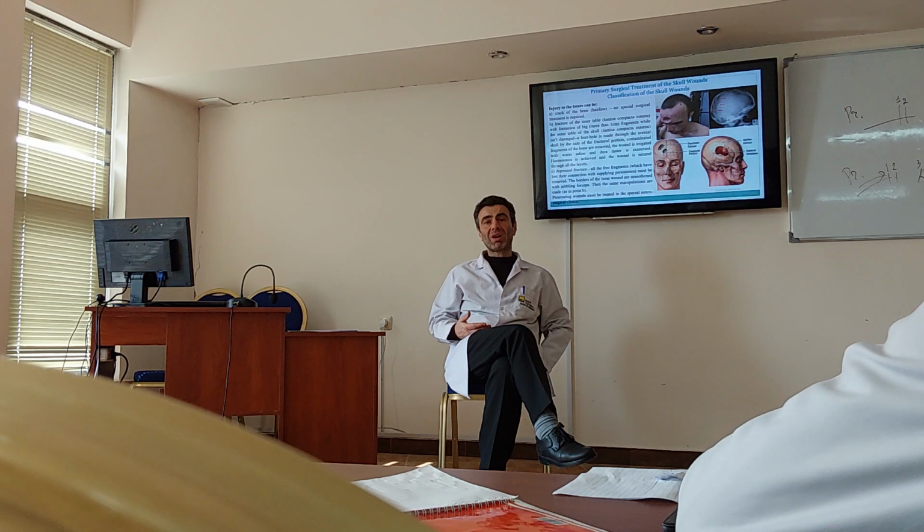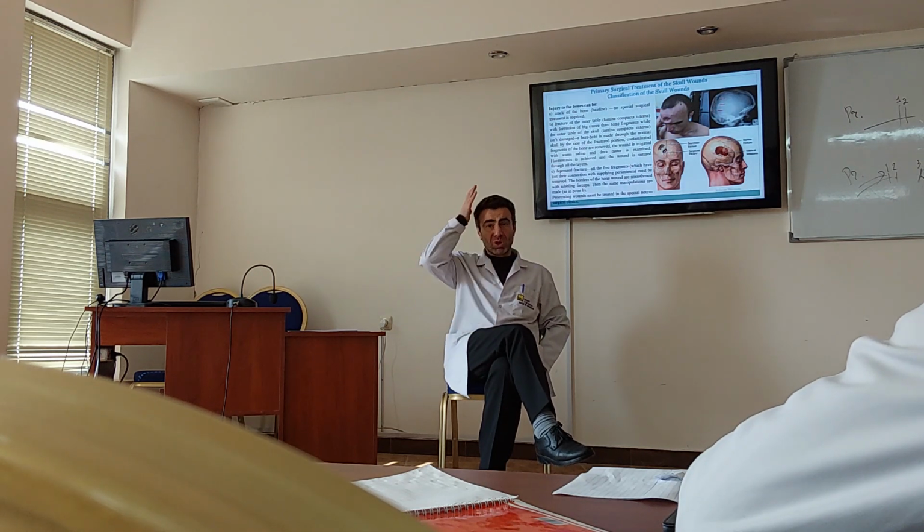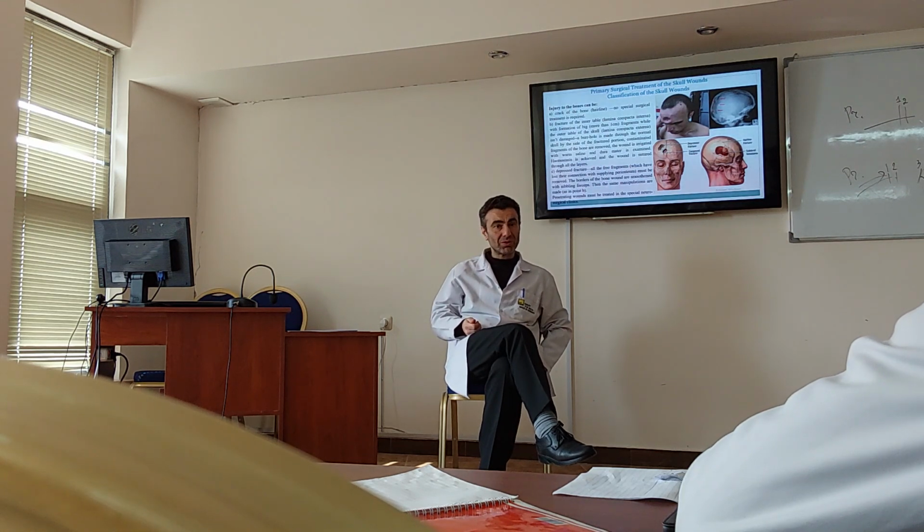Because during 6 months, you can see complications. For example, if you forget some piece of bone inside the cranial cavity, it will be inflamed. It will be time to clean, wash, and remove. If I close it immediately, I must break the material open later. Do you understand me or not?